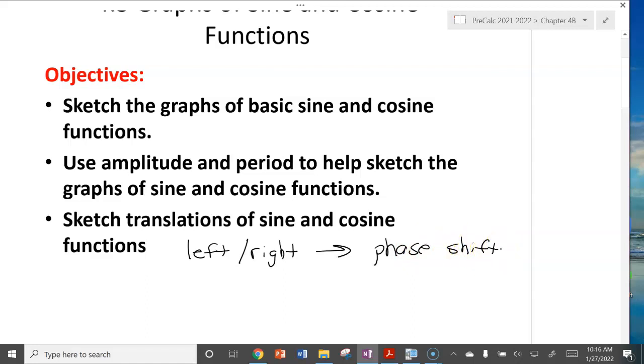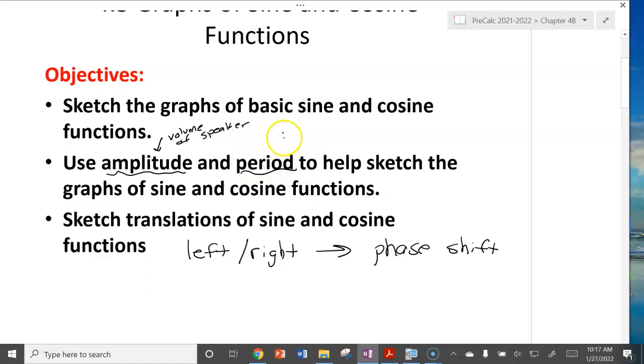And sine and cosine functions, believe it or not, are super practical in the real world. This is how engineers model radio waves. And if I change the amplitude of a radio wave, that's just like if I'm listening to music and I turn up the volume. So you can think of this as the volume of your speaker.